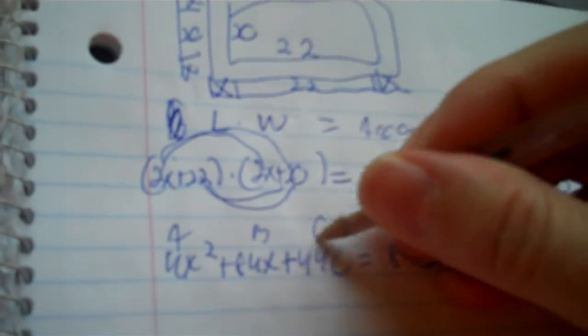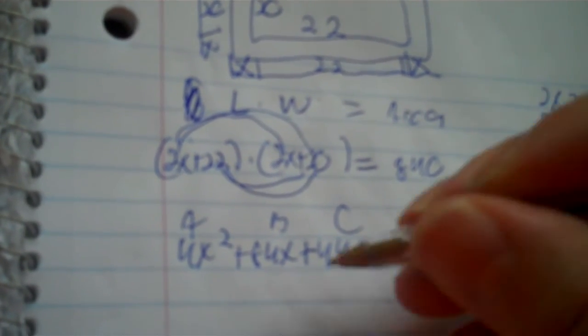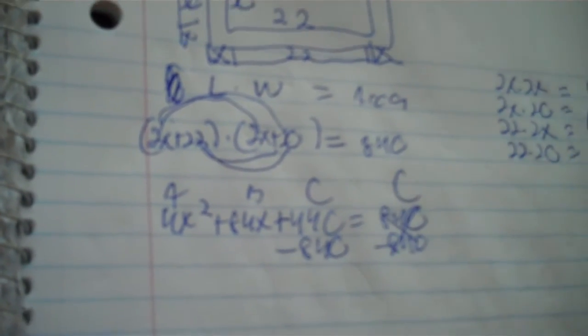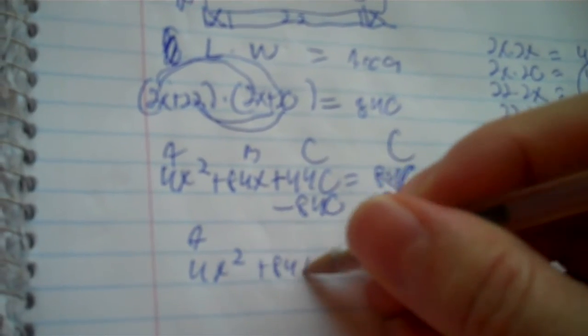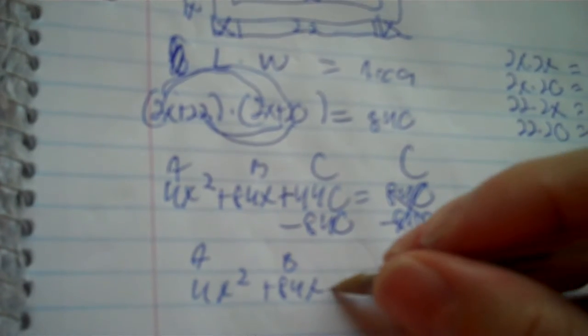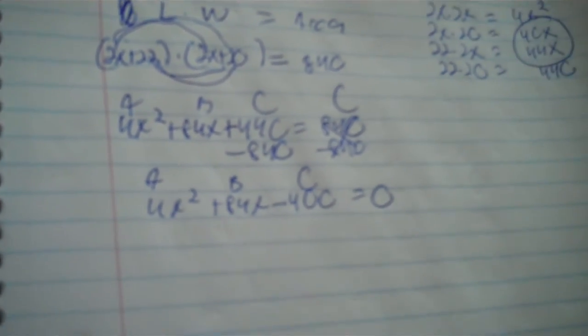Okay, so you have two answers. And you have A, you got B, you got C. So move that 840 over, so it's with the rest of it. So you have 4x to the second as A plus 84x as B minus 400, that's C, equals 0.